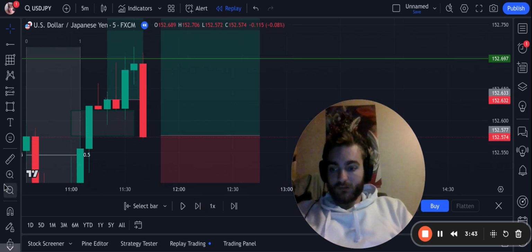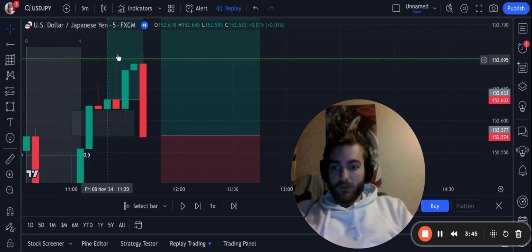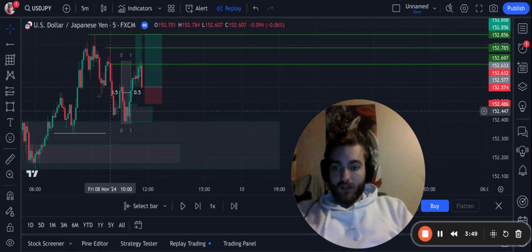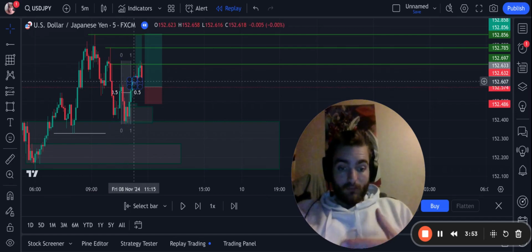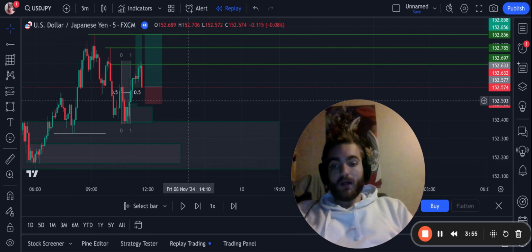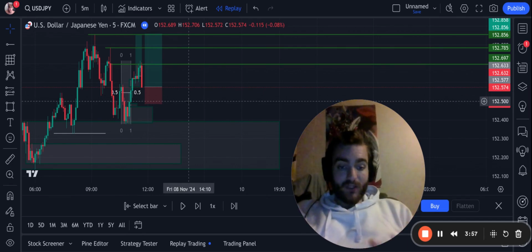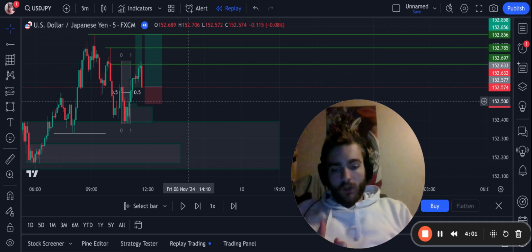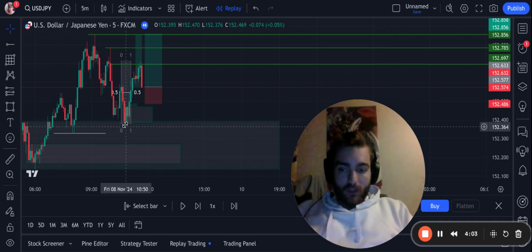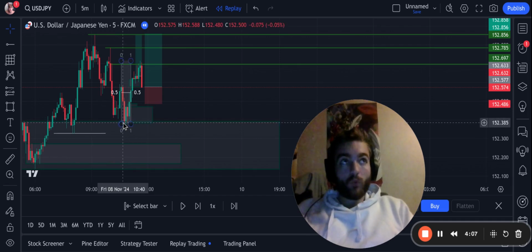That's completely fine. So we have this equilibrium from this high to this high. During this time, price had given us a 15-minute break of structure to the upside. So that means that the 15-minute is in alignment with the 1 hour. I was then looking for 1-minute confluences, like a 1-minute order block in here where it had filled orders in the 1 hour order block.